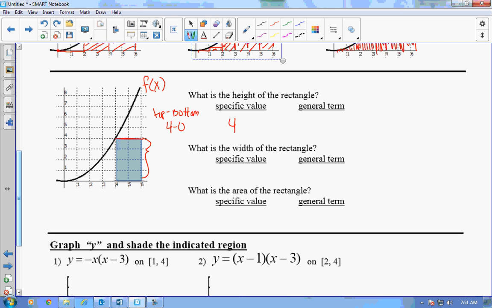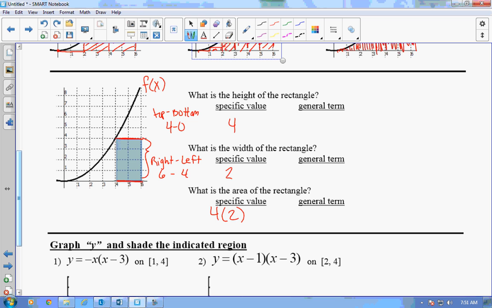What is the width of the rectangle? 2. How do you find 2? 6 minus 4, which is the right minus the left. So what is the area of the rectangle? 4 times 2, which would be 8.